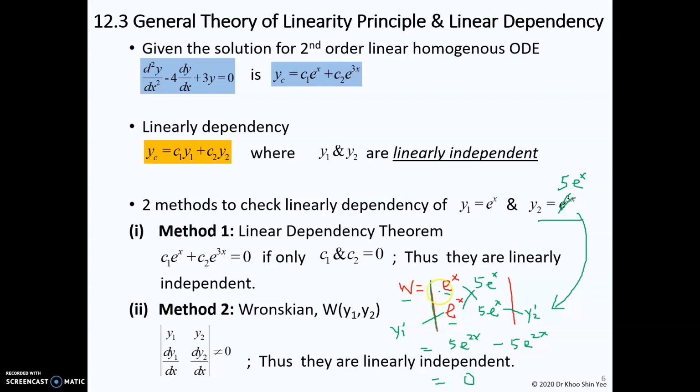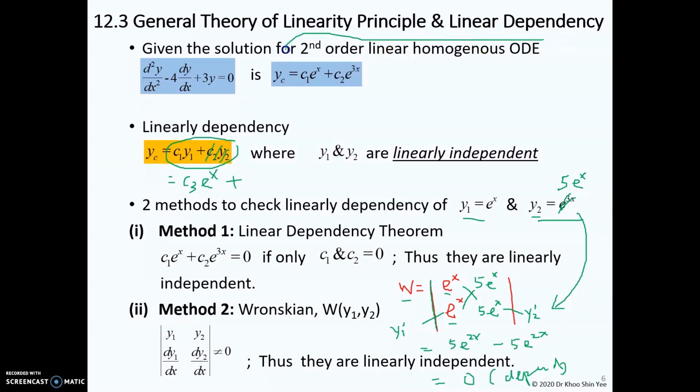And if the Wronskian formula here gives you 0, this is linearly dependent, where y1 and y2 are linearly dependent, and instead of having two independent solutions, we only have one independent solution, which is e^x only.